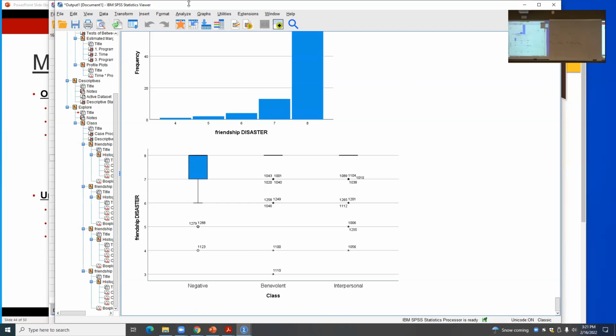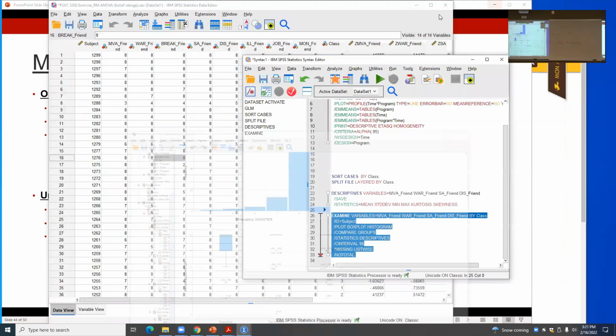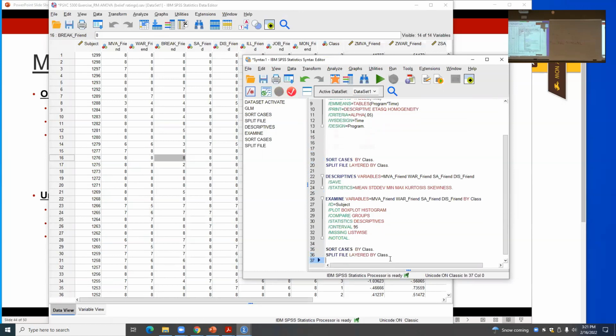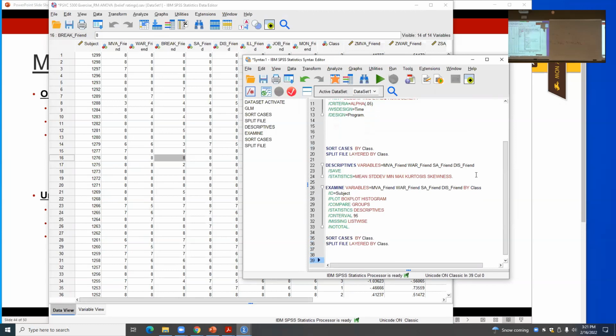But now I'm going to go back and turn my split file back on. And I'm going to take my descriptive statistics.